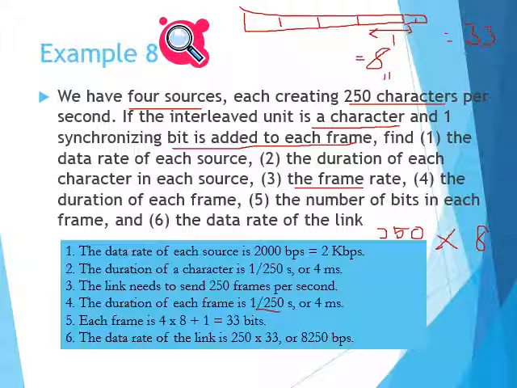The number of bits in each frame: 4 time slots times 8 bits, plus 1 synchronizing bit, so 33. The data rate of the link: the frame rate is 250, and each frame consists of 33 bits, so the answer is 8250 bits per second.